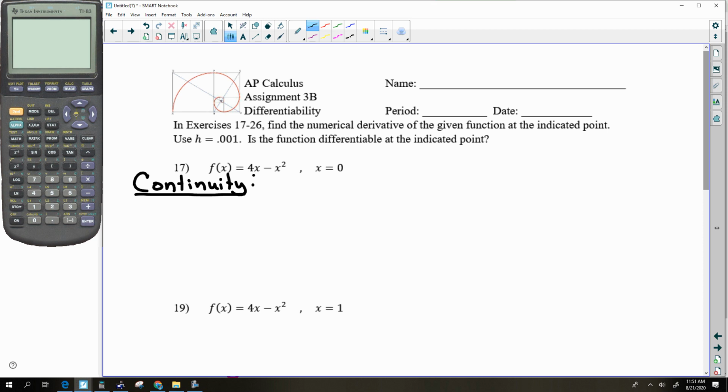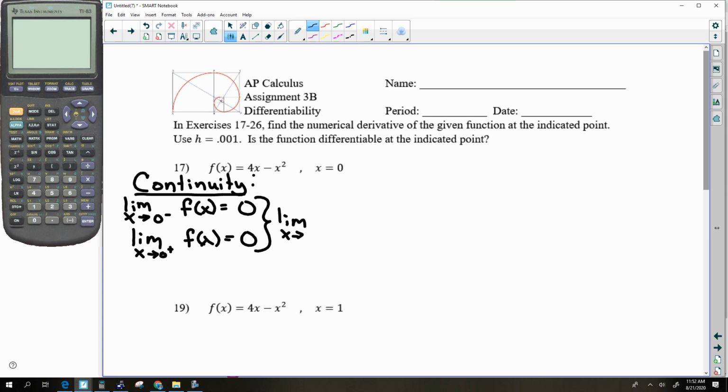So the continuity of this at x is equal to 0 would be: what is the limit as x goes to 0 from the negative side? It's 0. Limit as x goes to 0 from the right? Same difference, 0. That means the limit as x goes to 0 is equal to 0 because they're the same.